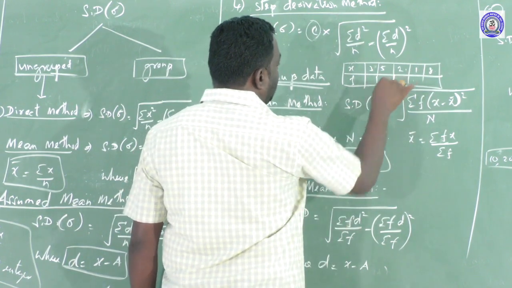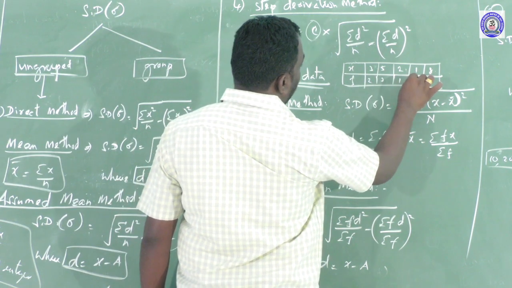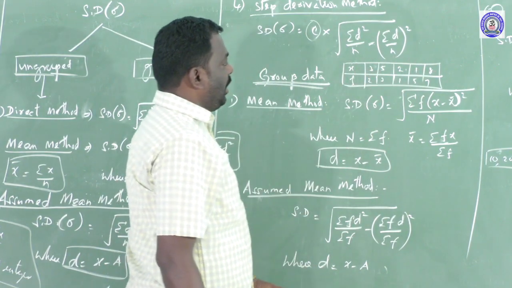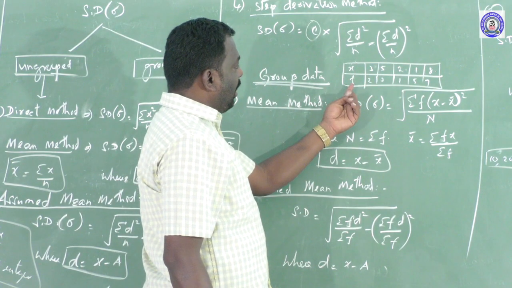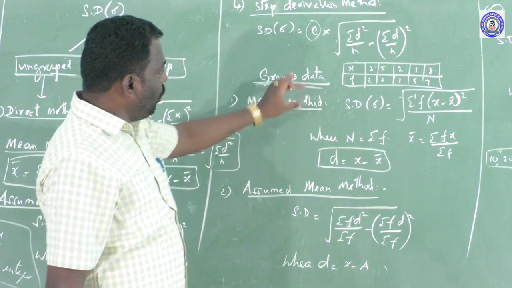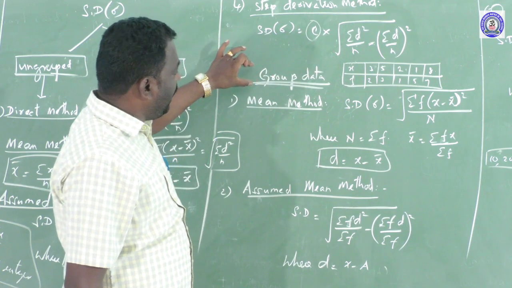The corresponding frequencies are given as 2, 3, 1, 5, 7. So x is the student value, and f is the frequency for the number of students. Where two sets of data are given, x and f, it is called grouped data.